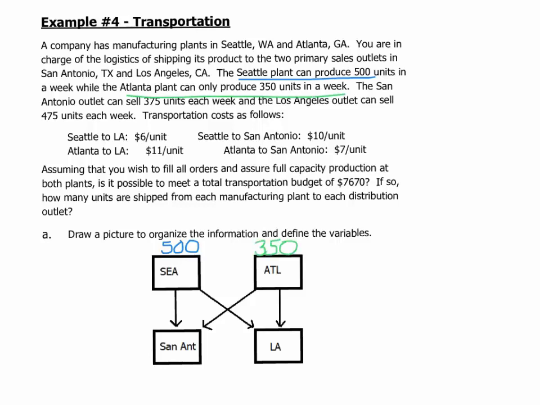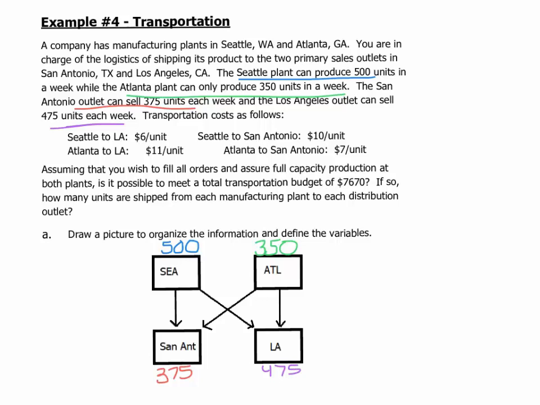So each week, Atlanta can send 350 units to San Antonio or LA. The San Antonio outlet can sell 375 units, so it can have 375 coming in. And finally, the LA outlet has 475 units each week.